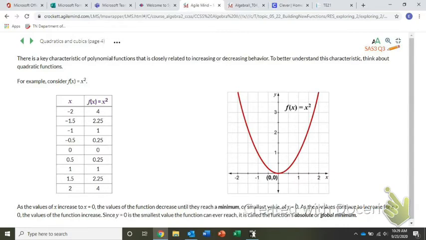So what I want you to do is take a minute and copy your Y values onto your chart. Once you are done, I want you to graph X and Y points from the chart onto the graph beside it on your paper. Once you're done, it should look like my graph.